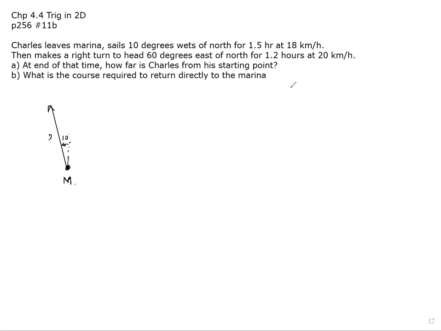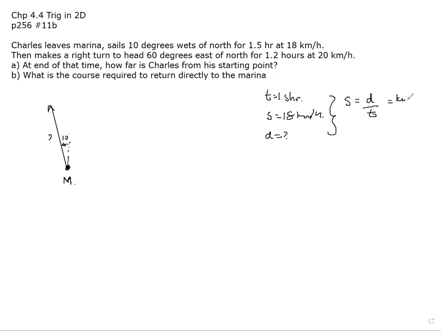Well, let's do a quick unit conversion. My time is 1.5 hours. My speed is 18 kilometers per hour. I was about to write V for velocity. What is the distance? Well, if you remember, this is going back to grade 9 math or even previous science, speed is distance over time.